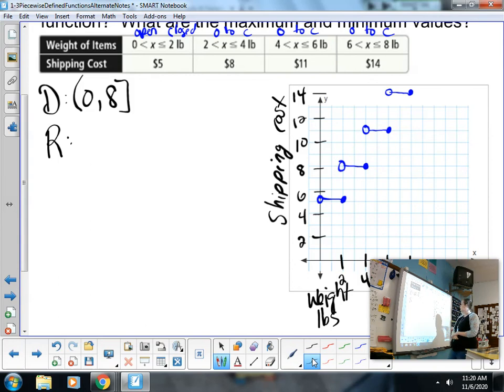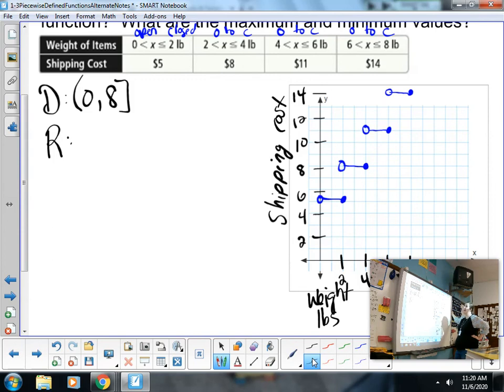Now the range. The range, if you recall, is the list of y values. Well, we cannot say that our range is from 5 to 14. Because if we said our range was from 5 to 14, that would be like saying there's some time when you're going to be paying $6 shipping, some time when you're going to be paying $7 shipping, and 9 and 10.